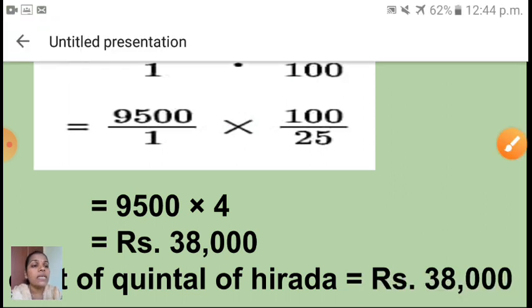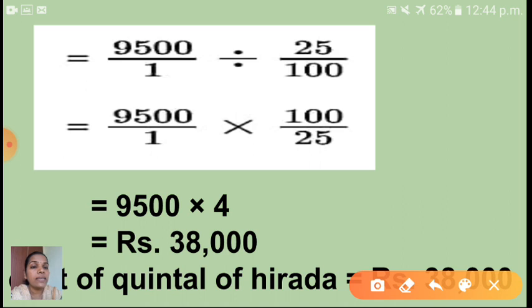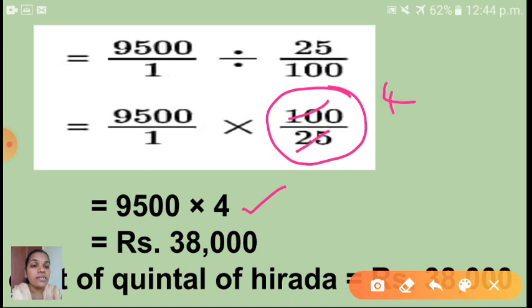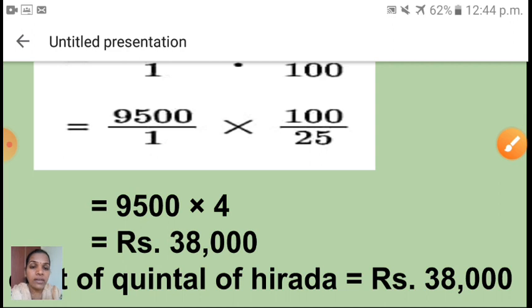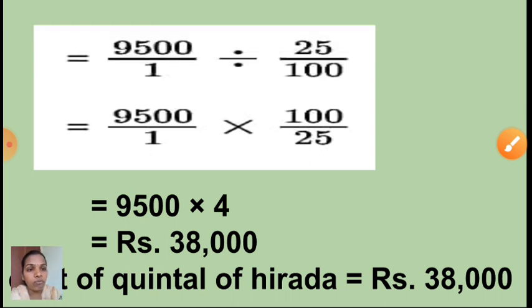Okay children, next step is what? See here, why next step I have written like this, 9,500 into 4. Do you know? Can you guess, children? Just you have to see this fraction, 100 upon 25. What is the answer? Yes, 4. Okay, that's why here I have written 9,500 into 4.